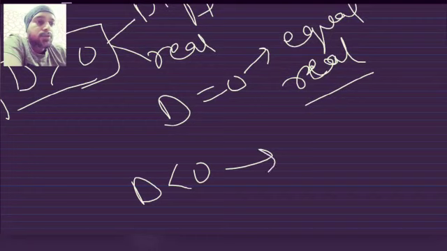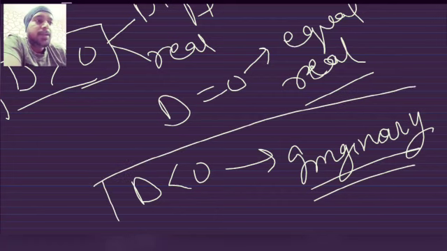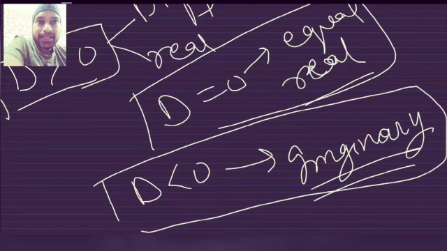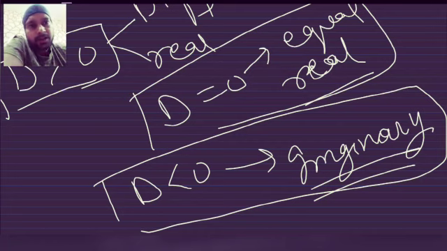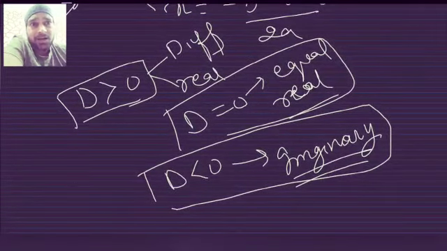And when the discriminant is less than 0, then the roots are imaginary. Is it clear? I hope this was clear to you guys: when the roots are imaginary, when the roots are real and equal, when the roots are real and different.